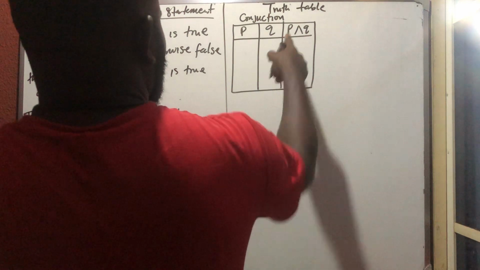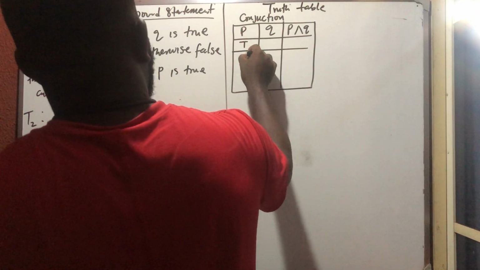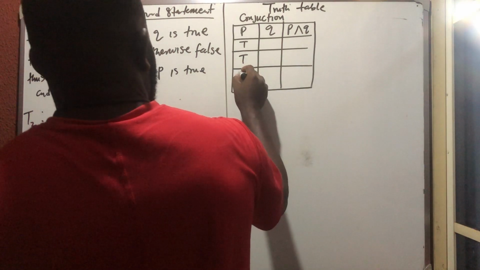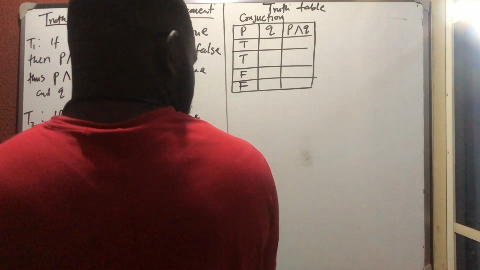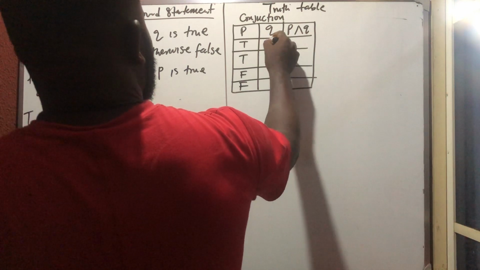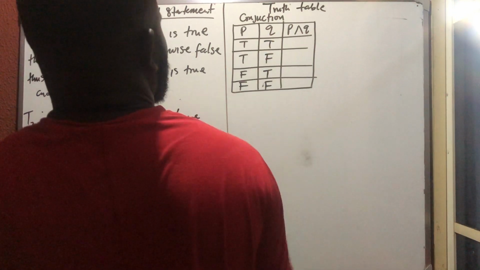Don't forget that conjunction is "and". If they are two like this, you're going to have truth, truth, false, false. Then the other one will now be truth, false, truth, false. Okay, that is how to arrange it.